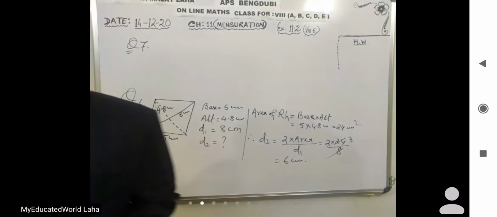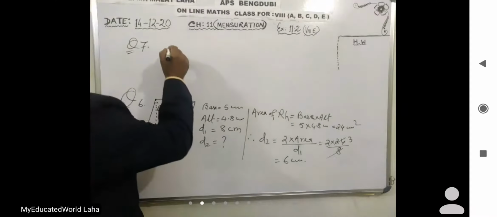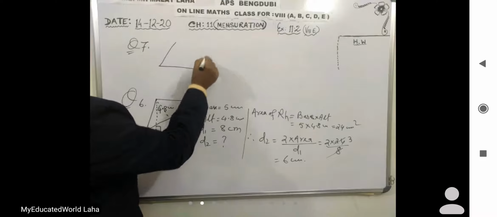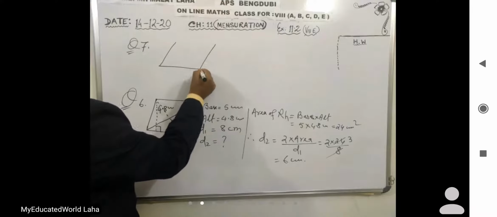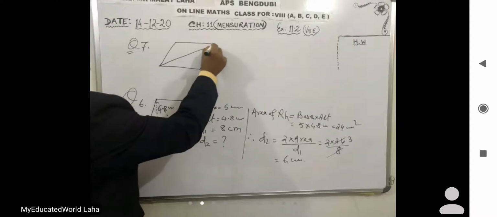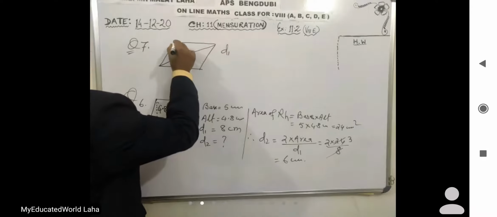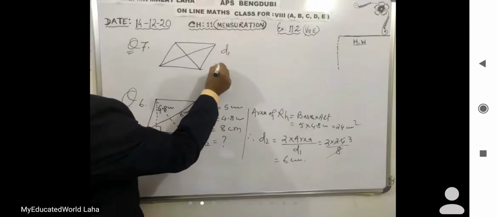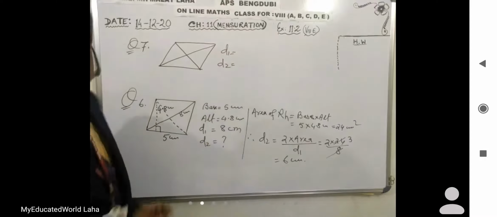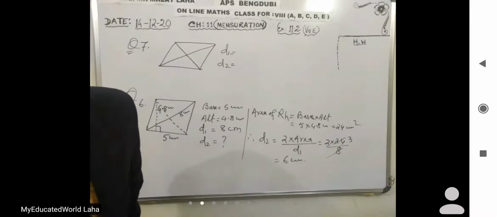It is given 3000. So suppose this is one rhombus shaped tile, diagonal 1 D1 and diagonal 2 D2. These measurements are given.